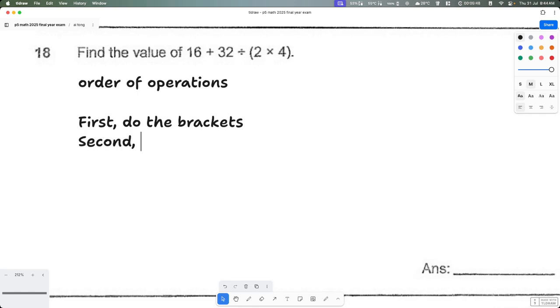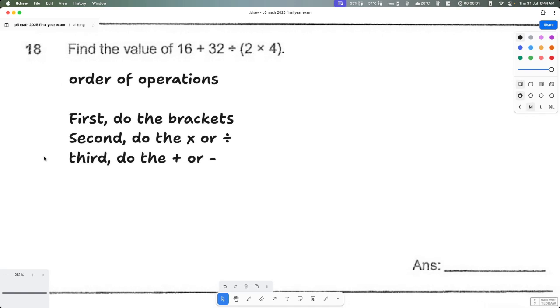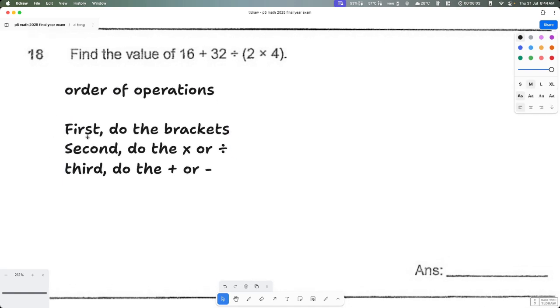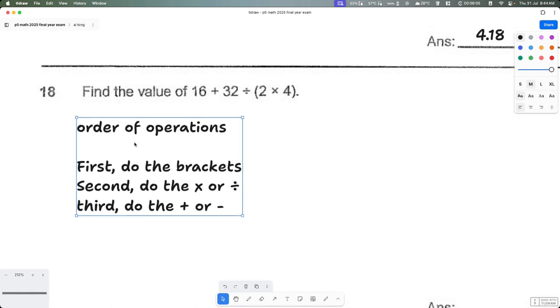Second, do the times or divide. And then third, do the plus or minus. So this is the order of operations from left to right.